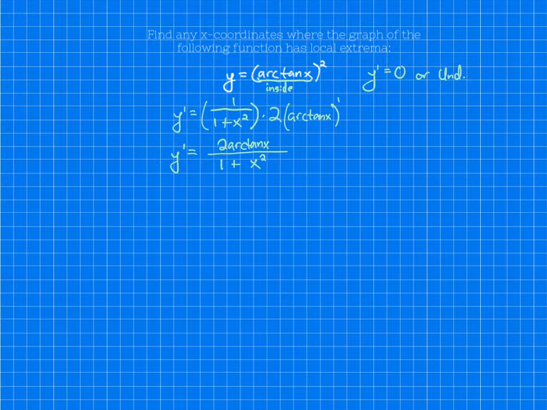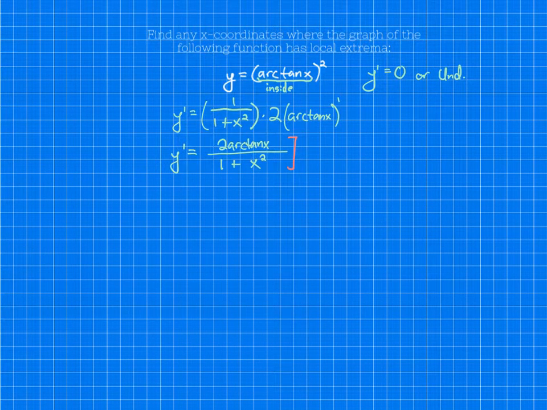So there's our derivative. Now what we want to do is find where this derivative is equal to 0 or undefined. Now what I want to ask you is, do you know where or when a fraction like this is equal to 0 or undefined? Hopefully you do, because that'll make your life a lot easier.